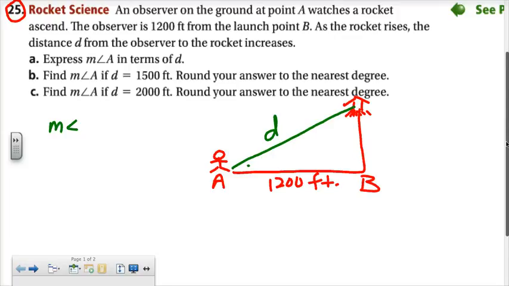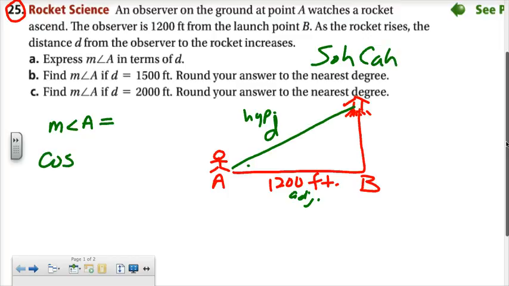So we're going to set this up saying the measure of angle A equals, well, we want to figure out what is it in the end. Well, I know this is 1200 and this is definitely the adjacent side, and then I need this d in there because it said expressed in terms of d, and that's hypotenuse. Thinking SOHCAHTOA, sine is not it. Oh, there's cosine, adjacent over hypotenuse.